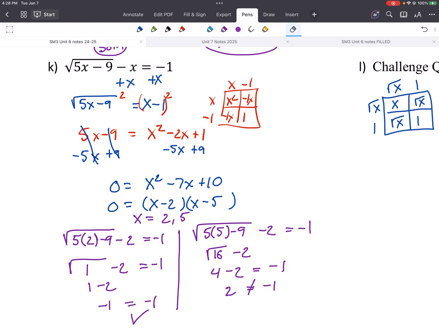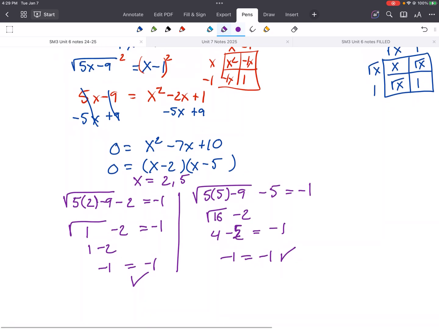Sorry, let me fix that real quick. So this should actually be a -5 because it's minus x. Sorry, my bad. So that ends up giving us an actual solution. So check. So both of those are solutions. So x equals 2 and 5 are solutions.